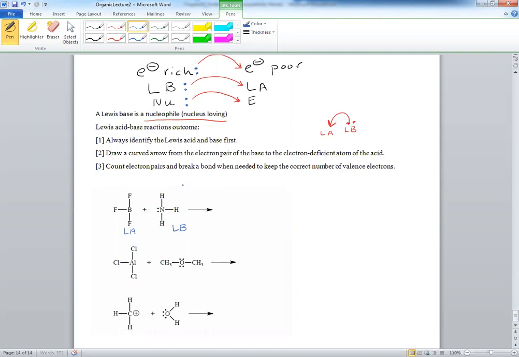So again, what is this going to do is that it's going to donate an electron pair. And how is that going to happen? Well, the arrow always goes, remember, from the electron rich to the electron poor. There it is.